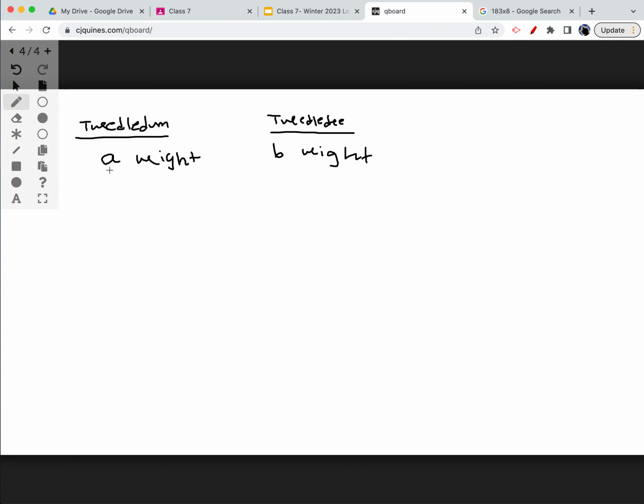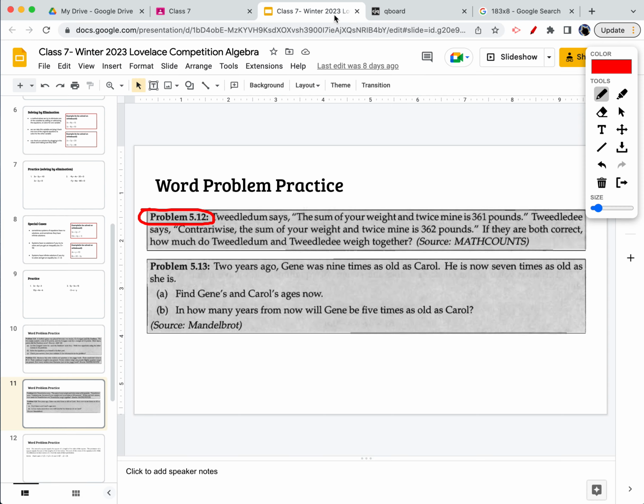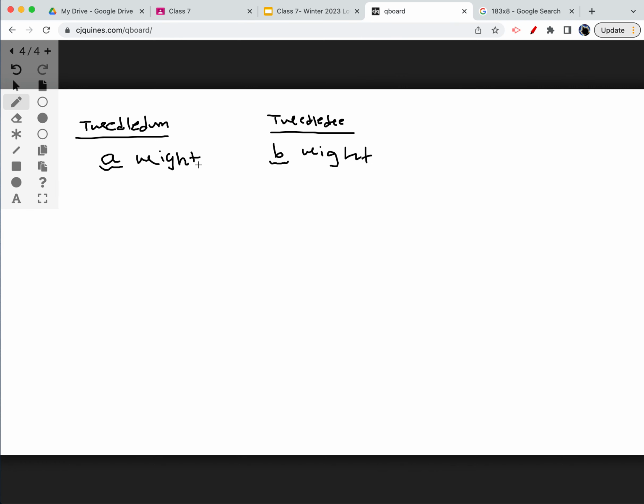So Tweedledum says that Tweedledee's weight plus 2 times his own weight is 361 pounds.